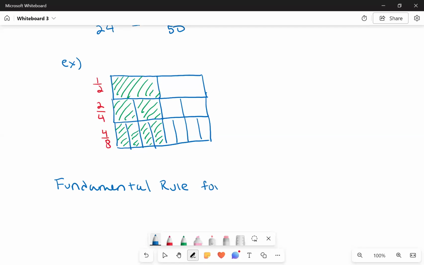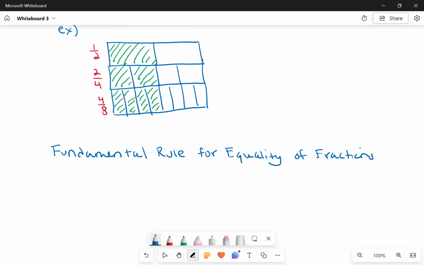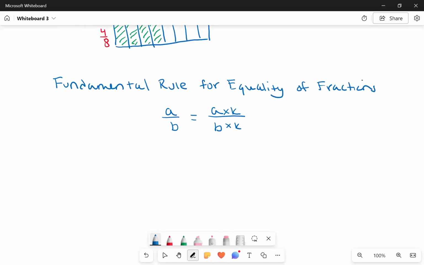So the fundamental rule for equality of fractions is this: if one fraction, which we'll call a over b, and another fraction are obtained by multiplying both the denominator and the numerator by a constant, these two fractions are equal. That is the fundamental rule of equality of fractions. And it is used in simplifying fractions.